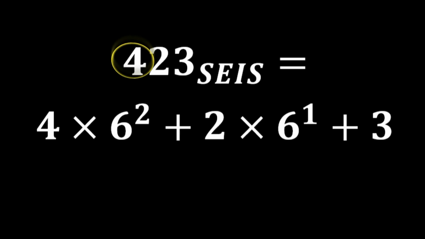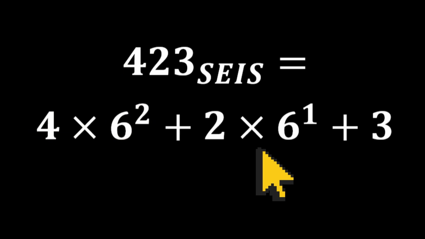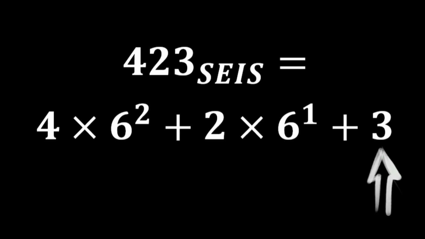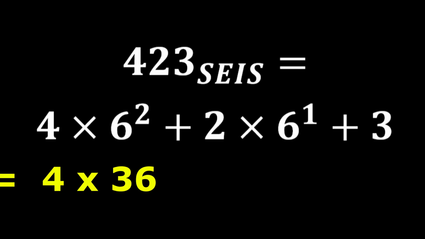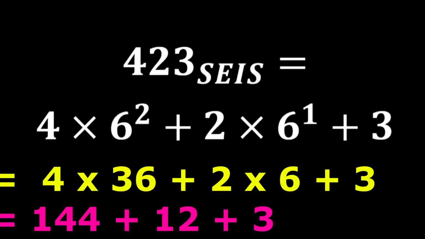The leftmost digit is multiplied by 6 squared, the next by 6 to the power of 1, and the final digit is added as is. That is, 4 times 36, plus 2 times 6, plus 3. This equals 144, plus 12, plus 3, which sums to 159 in base 10.